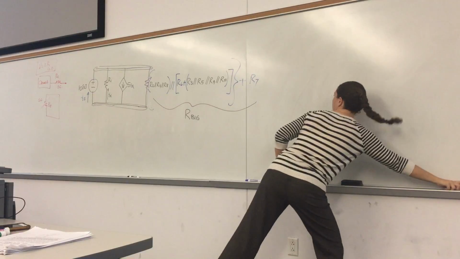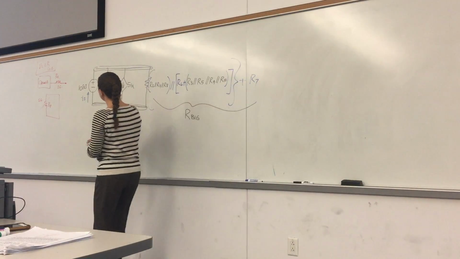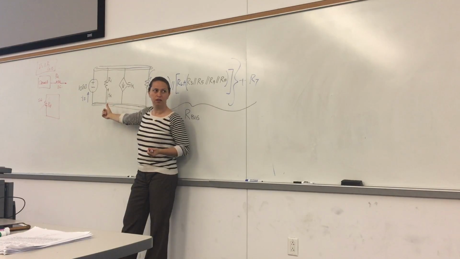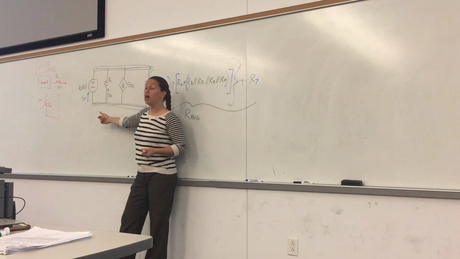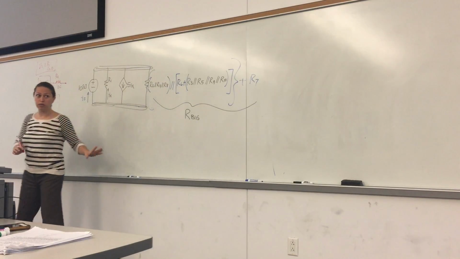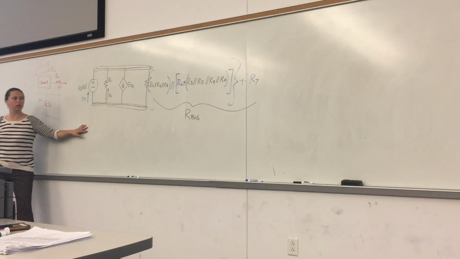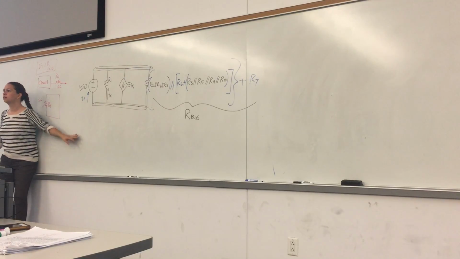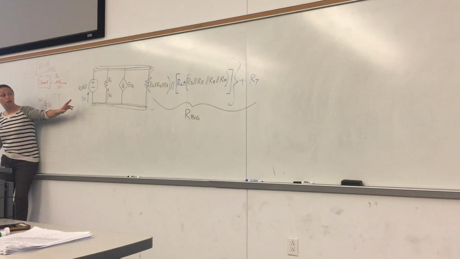So does it make sense to write a KVL equation here? You can find IX, but is KVL going to help me at all in that circuit? No, why? 1, 2, 3, 4.